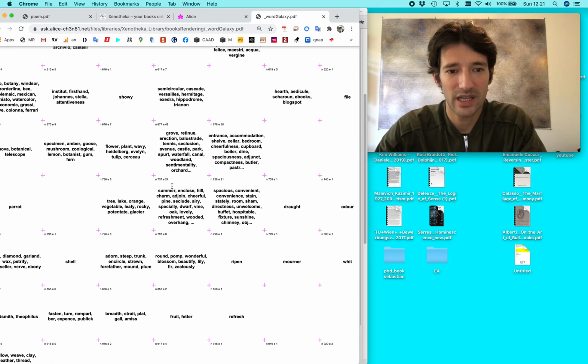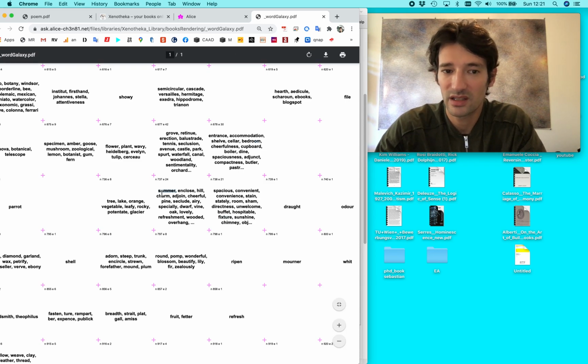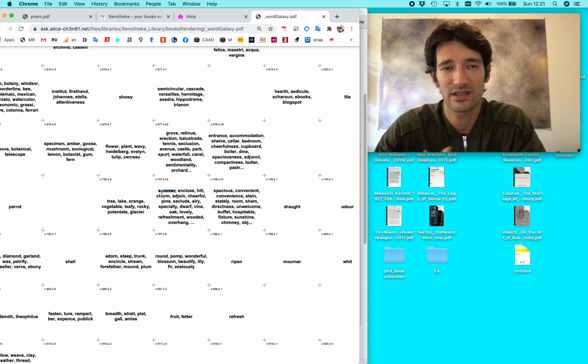So for instance, if we have this summer here, and I want to get an idea of what this summer is about, I should look around at the other concepts or indexes to get an idea. So it's about the tree, the lake, the orange, the flower, the plant, the entrance, accommodation, bedroom, directness, and so on. So this summer is not a summer of global warming. It's a different summer.